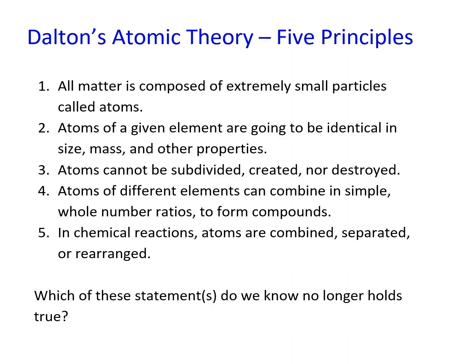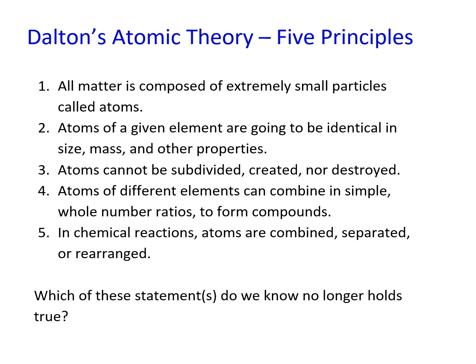As mentioned on our last slide, John Dalton was the first scientist to come up with a model of the atom, that solid sphere or billiard ball model. As he studied the atom, he came up with 5 principles of atomic theory. First, all matter is composed of extremely small particles called atoms.